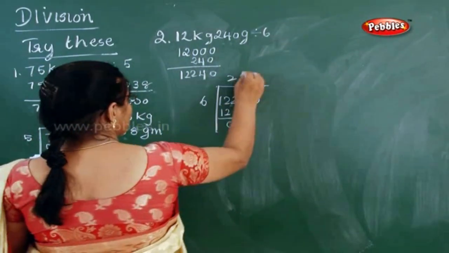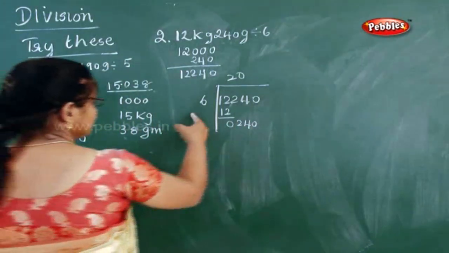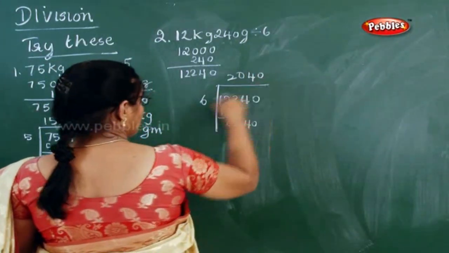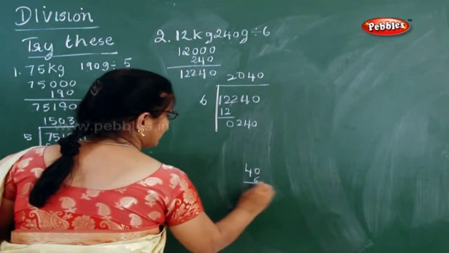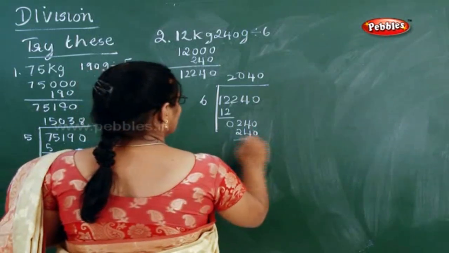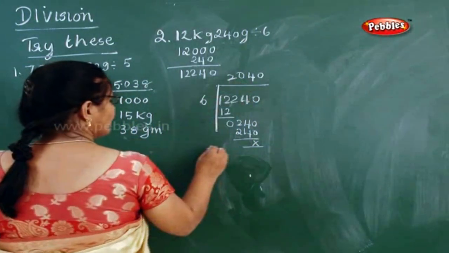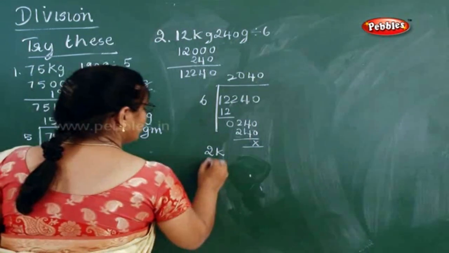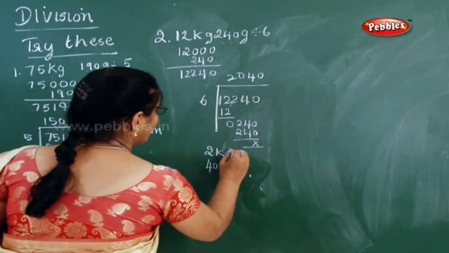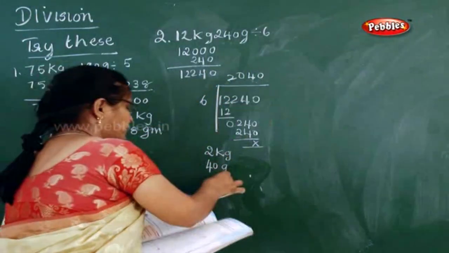Now this 0 should be carried here. Now what is it? 240. So how many times will it go? 40 times, 6 4s are 24, so 240. Is that clear now? Now what do you have to write? How many kilograms? So 2 kilo and 40 gram. You have to write 2 kilo and 40 gram.